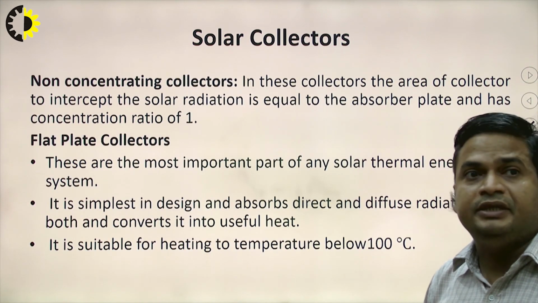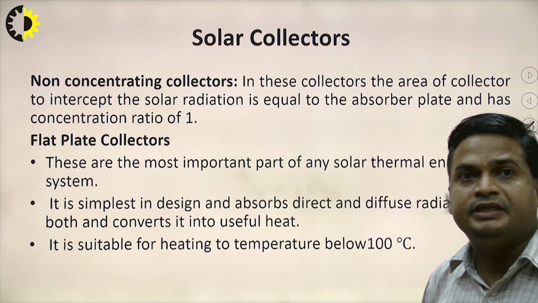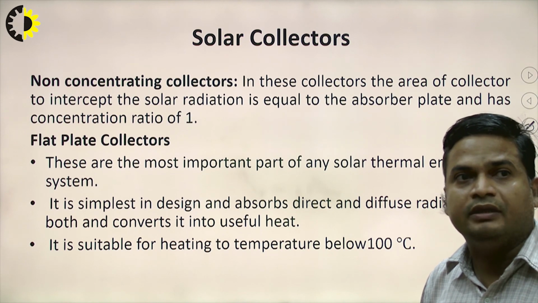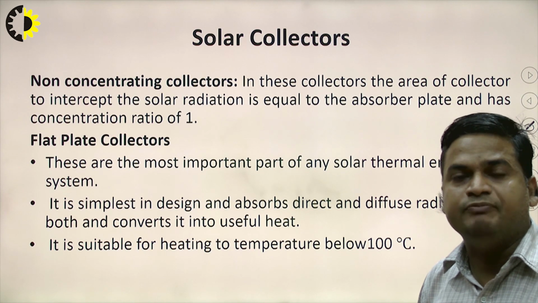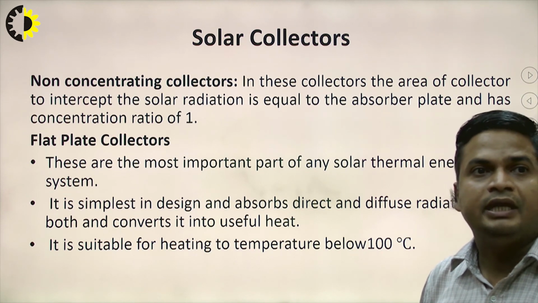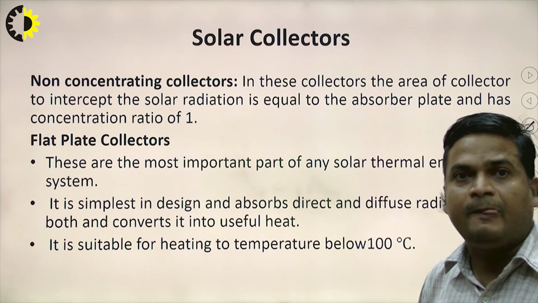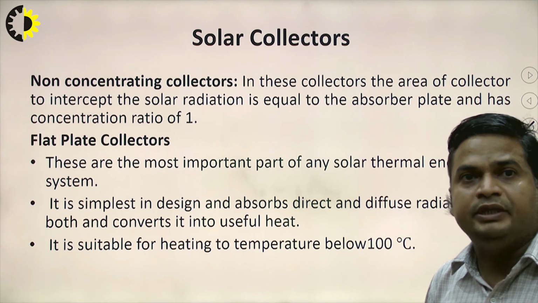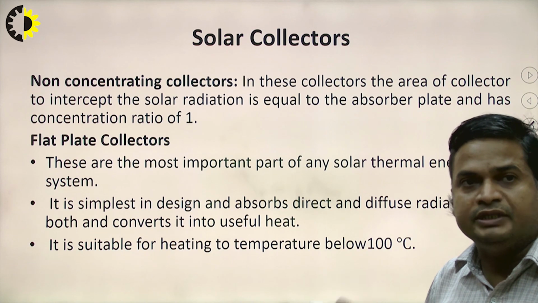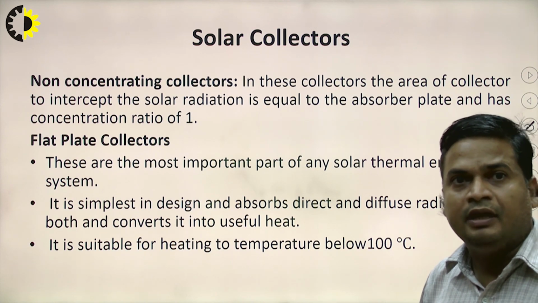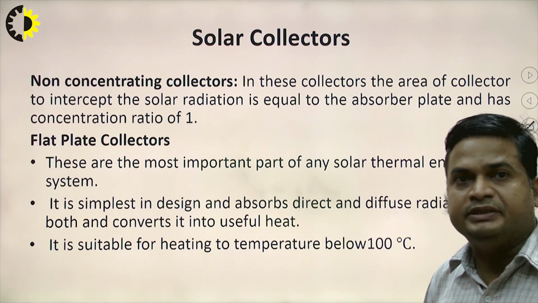Now in non-concentrating collectors, the area of the collector that intercepts the solar radiation is equal to the absorber plate, and it has a concentration ratio of 1. That means the solar radiation falling on the collector has the same area as the absorber plate.